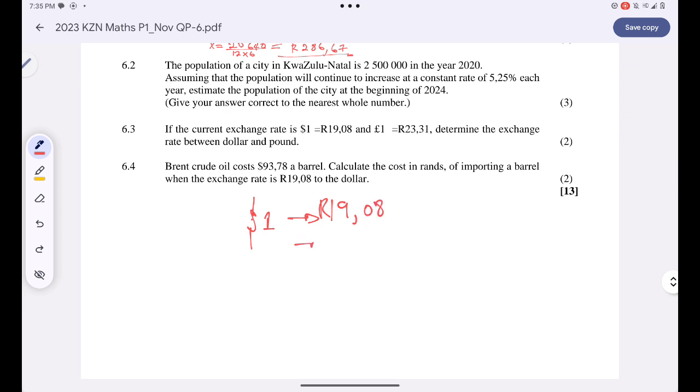I want to know how many rands $93.78 will be.